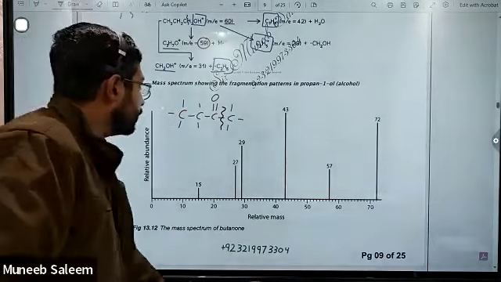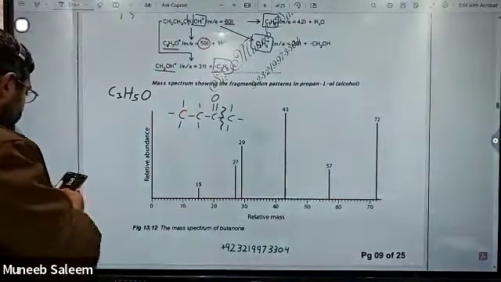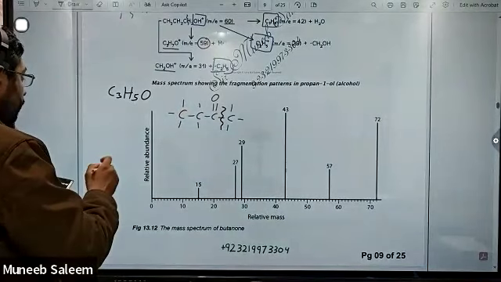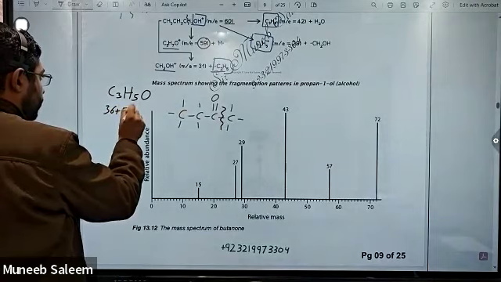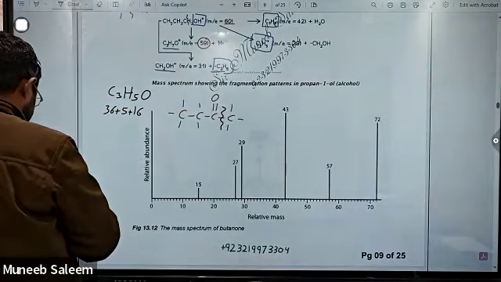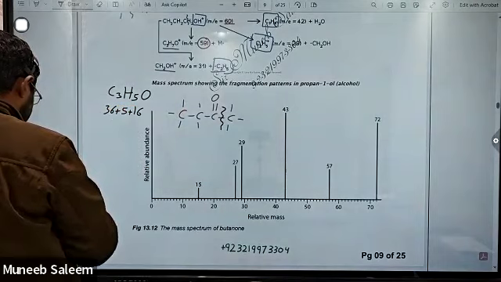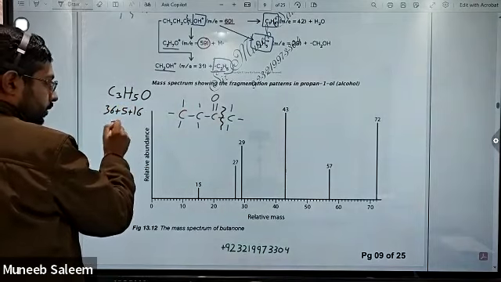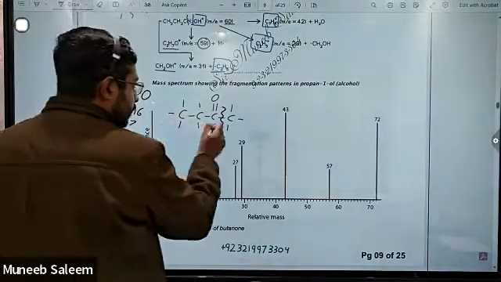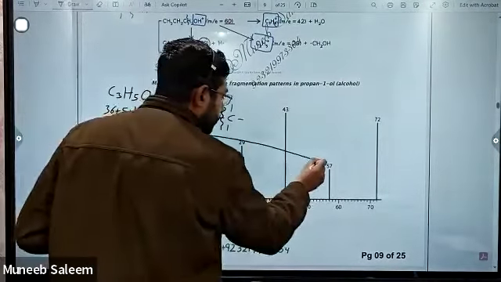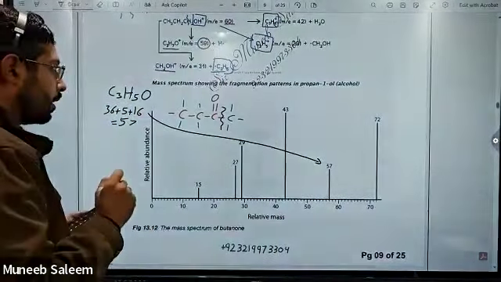So if you calculate the mass of this part, it will be 36 plus 5 plus 16, which is equal to 57. Now this is the peak belonging to 57 over here.